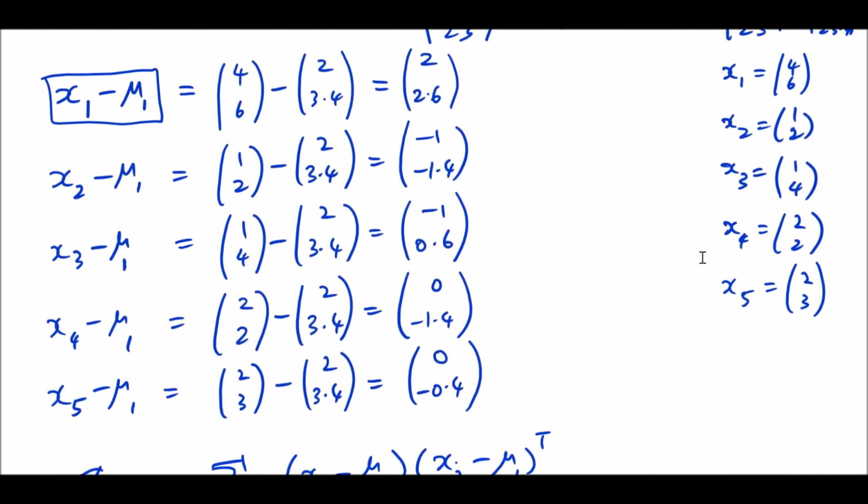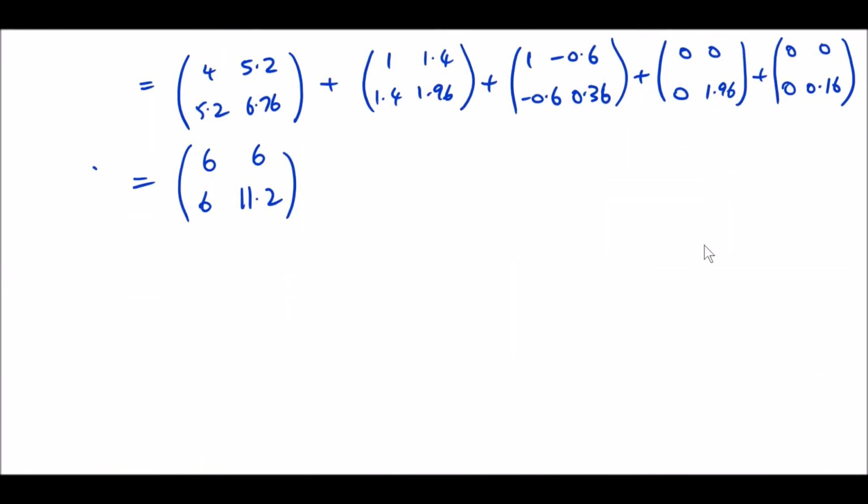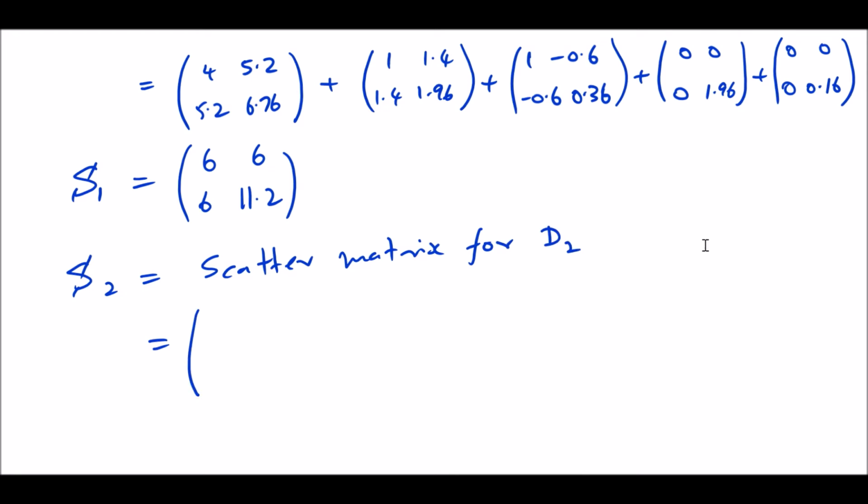So we got the scatter matrix S1. Similarly, we can find S2, the scatter matrix for D2. If you calculate that, you find S2 is 2.8, 3.6 and so on, for matrix 2.